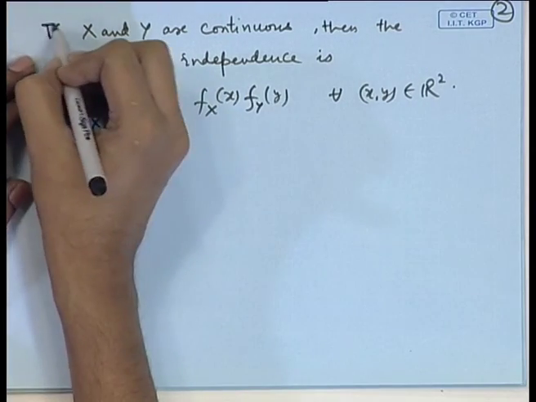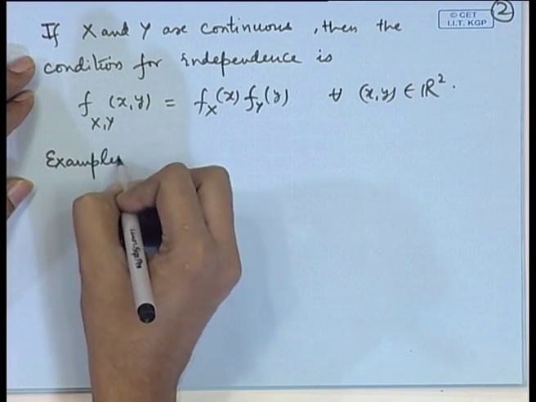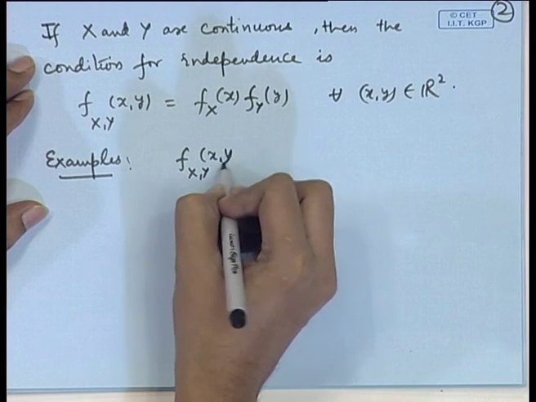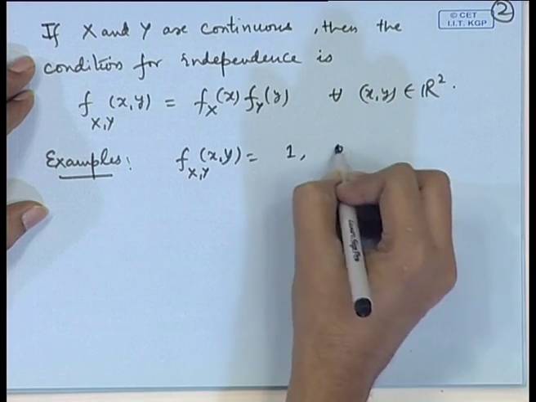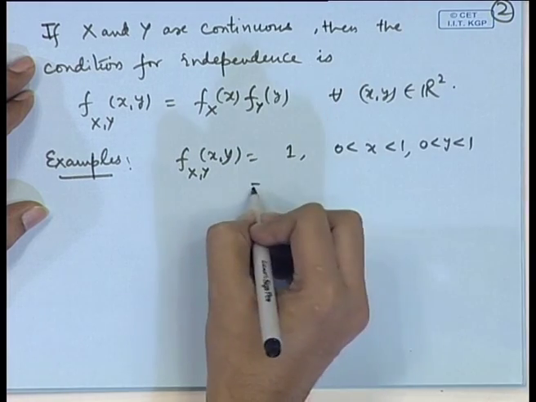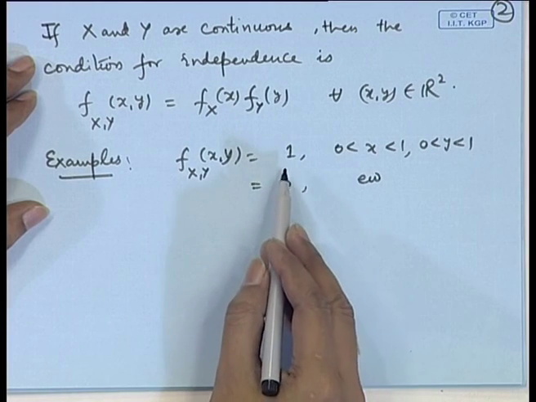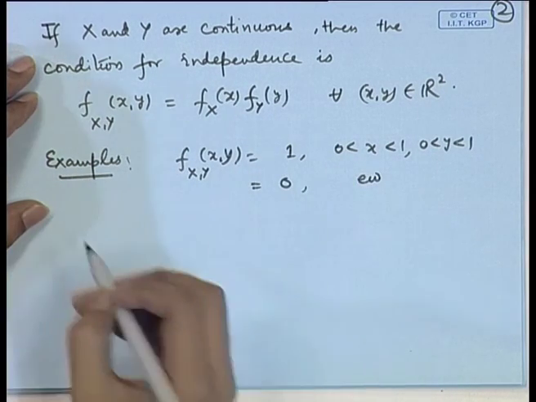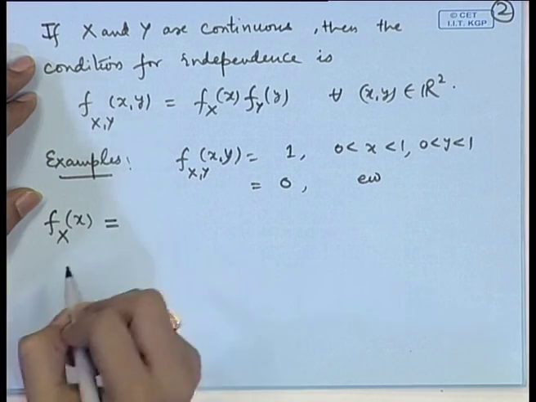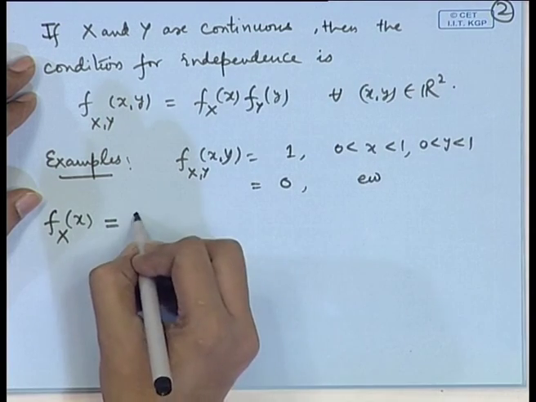Let us take some examples. Let f(x,y) be equal to 1 for 0 less than x less than 1, 0 less than y less than 1, and 0 elsewhere. Now, this is a jointly distributed continuous random variable. Let us consider f_X(x). We will be integrating with respect to y from 0 to 1, so we get 1.